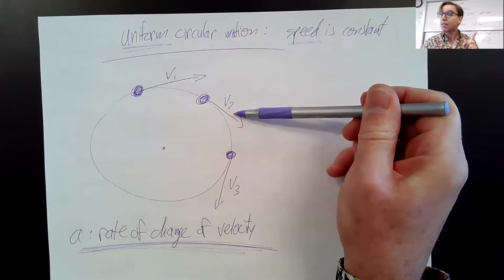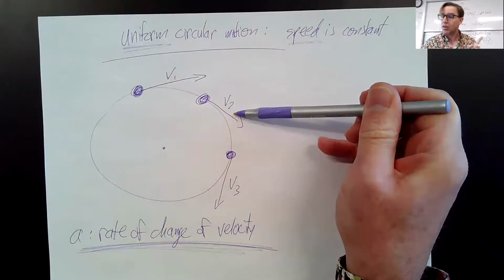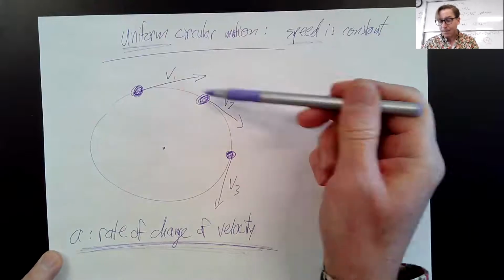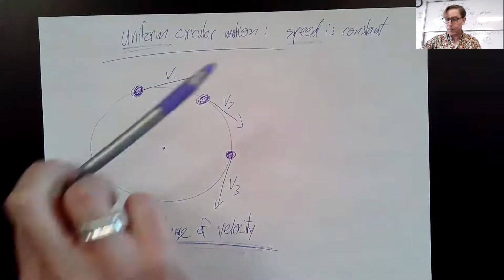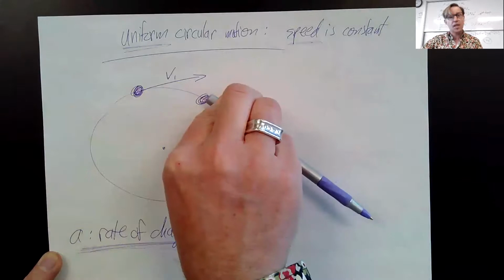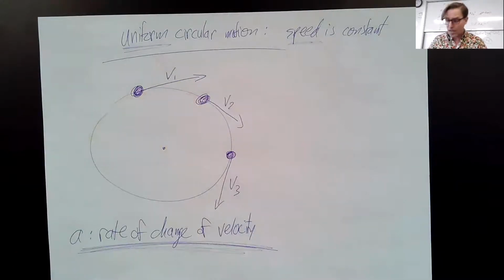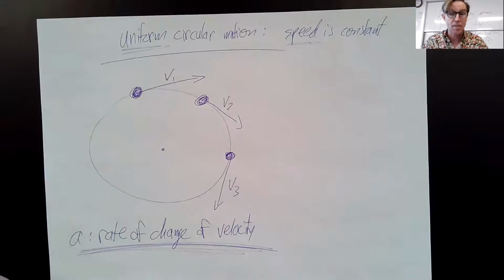They have the same length, so I'm not speeding up and I'm not slowing, but they are different vectors. They point in different directions. And if they point in different directions, then that velocity has changed. And if the velocity has changed, then we are accelerating. We'll talk about that at length in the next video.